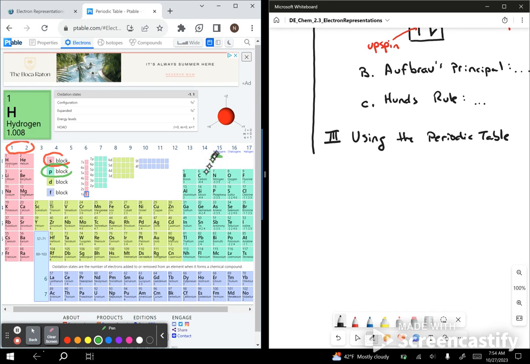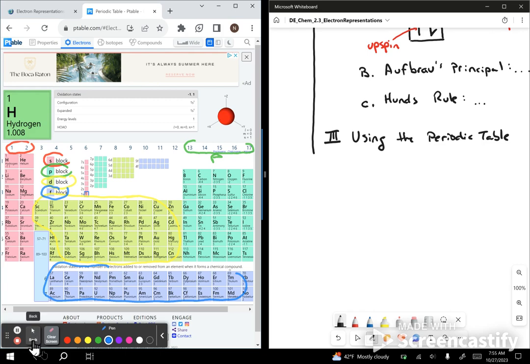This is your P block. It's going to be 13 to 17. You have your D block over here, letter D. And then you have your F block, which is over here. This is your F block.